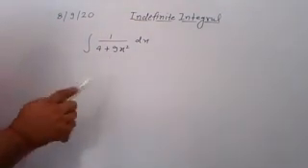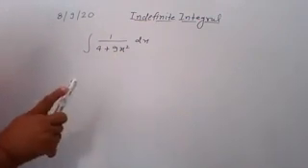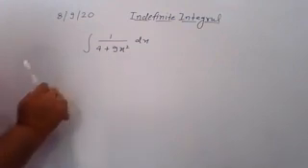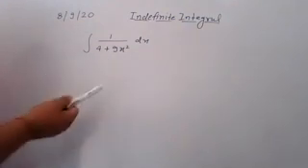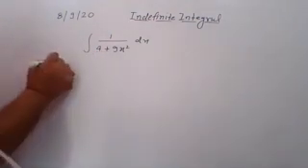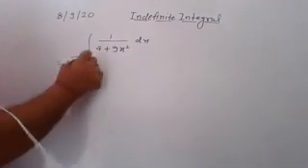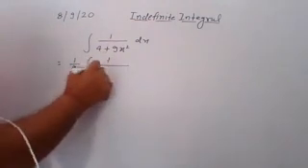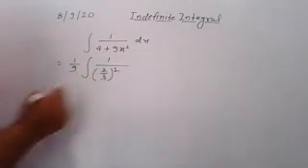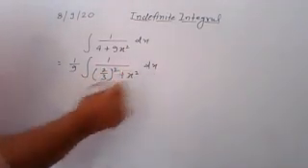You have to make the coefficient of x square equal to 1. So how does it become 1? You have to take 9 common from the denominator. So you write 1 upon 9, 1 upon 4 by 9, and 4 by 9 can be written as 2 by 3 whole square, plus x square dx.